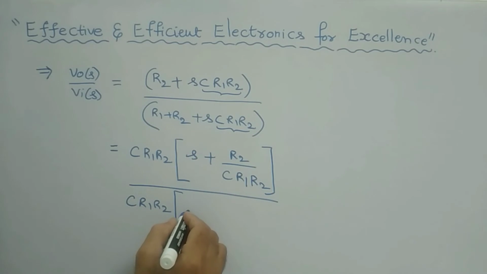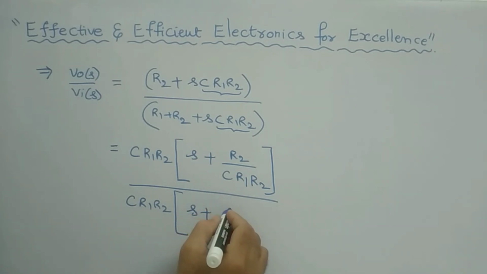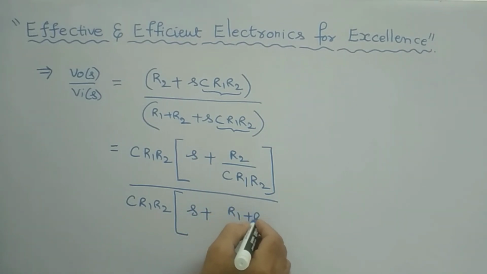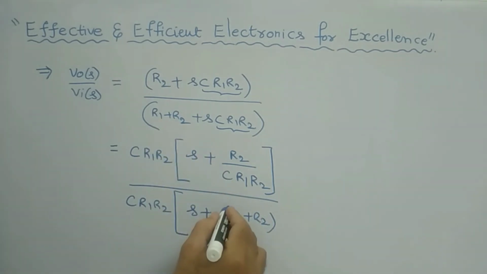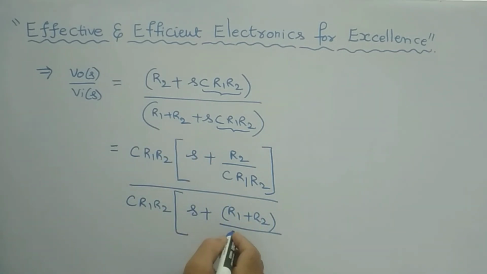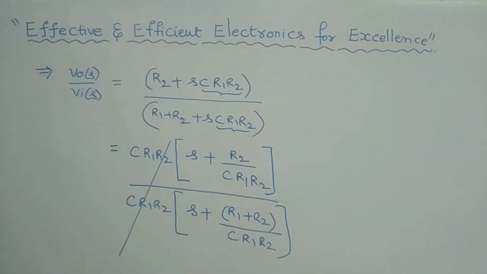Here also you will have S plus R1 plus R2, R1 plus R2 by C into R1 R2 will come here. Then these two will be cancelled out. Both will be cancelled out there. Clear?